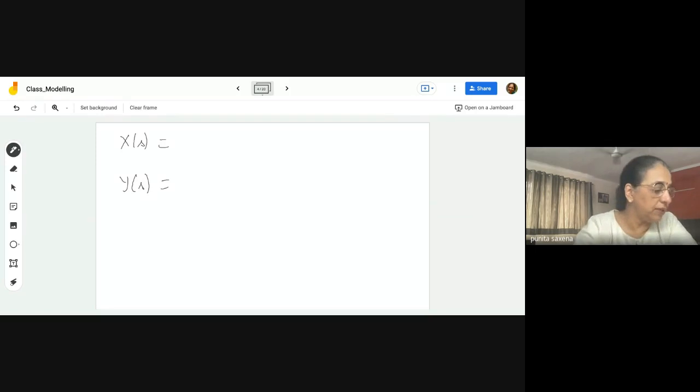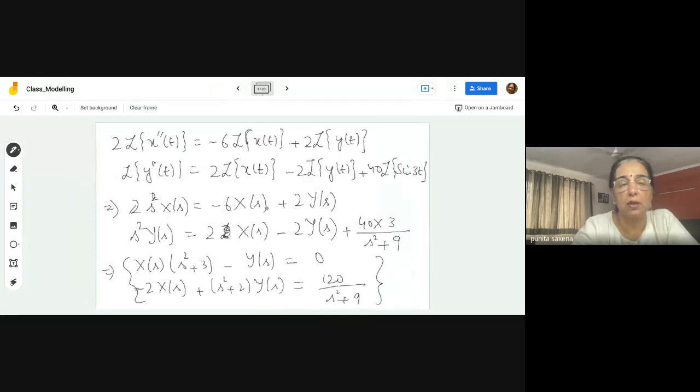Can you quickly solve it and see what do we get? It's like solving two simultaneous equations now. Use elimination, substitution, follow any method you want. What we want is the solution, capital Xs equal to something and capital Ys equal to something.